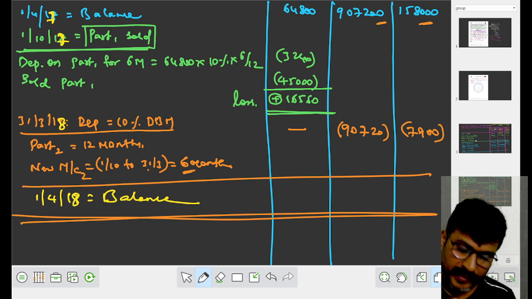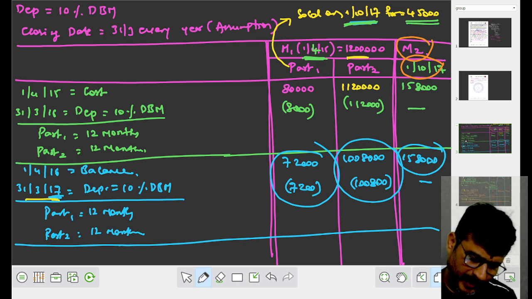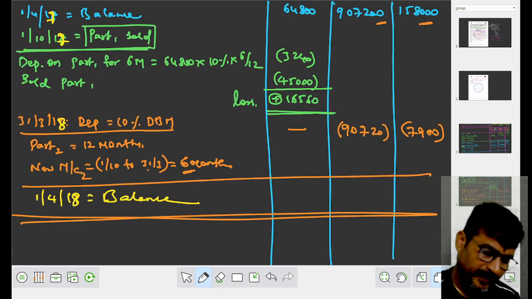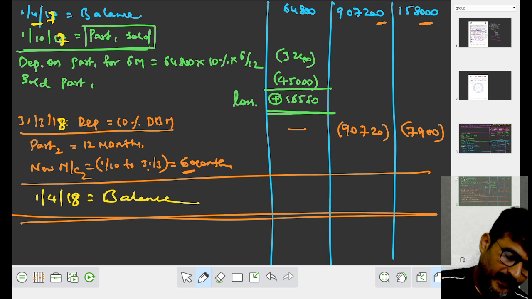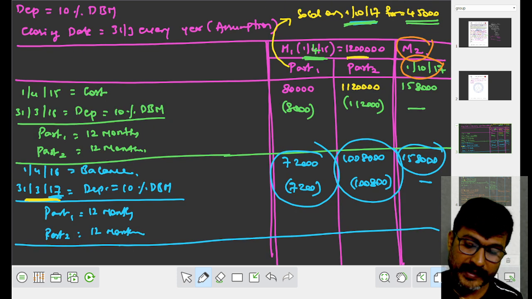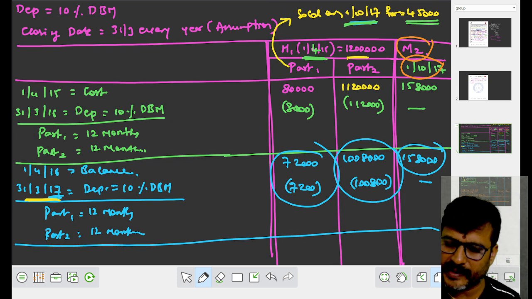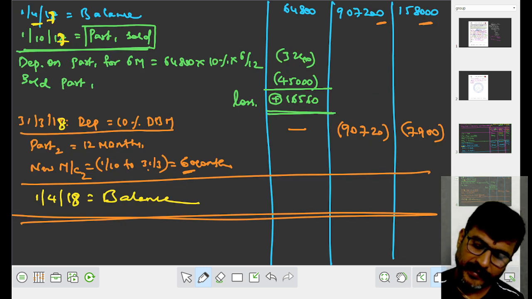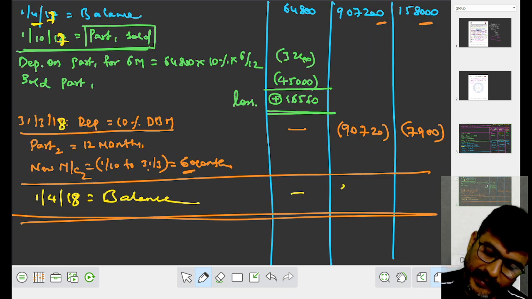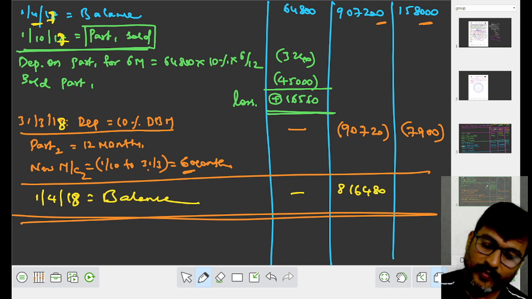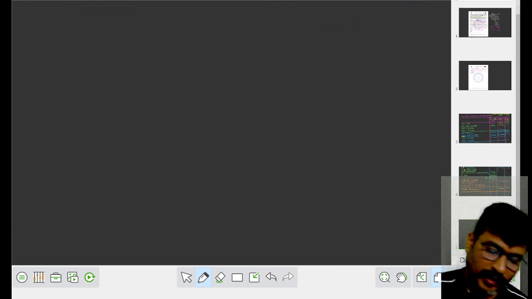Finished, because here it is March 17, which means April 17. October 17, sale. Correct, October 17. Then 18. It comes to 8,16,480 and 1,50,100.